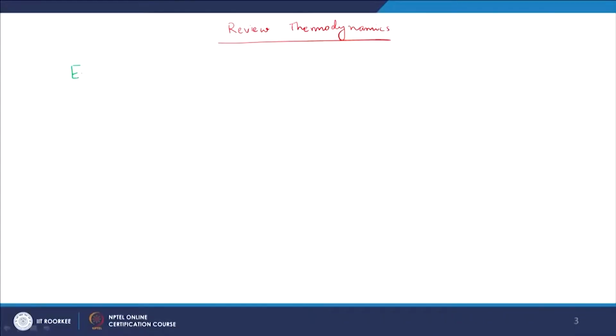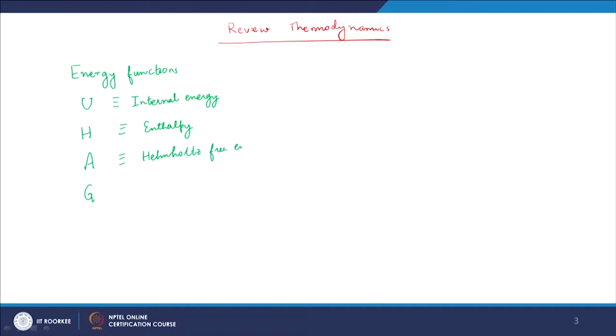So, we have energy functions U, H, A, G. U is called internal energy, H is called enthalpy, A denotes Helmholtz free energy, and G denotes the Gibbs free energy.